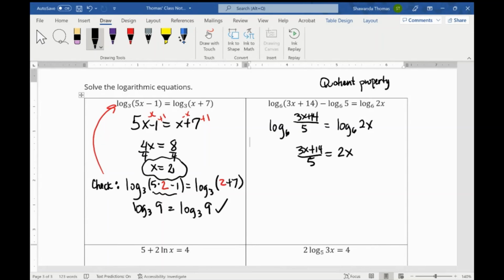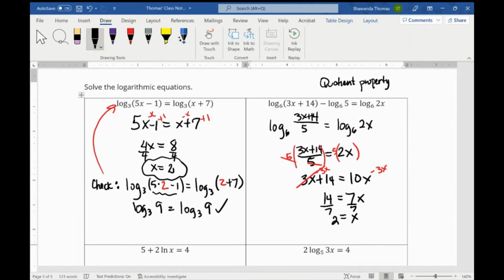Now I want to get rid of this fraction, so I would multiply both sides by 5. Then we have 3x plus 14 equals 10x. Let's subtract the 3x. We'll have 14 equals 7x, and then you can just divide by 7, x equals 2.